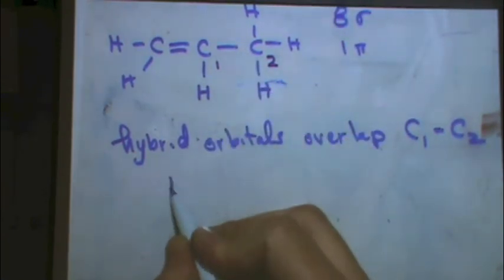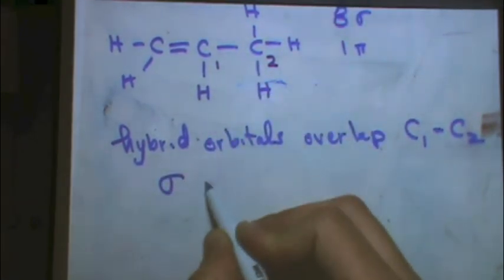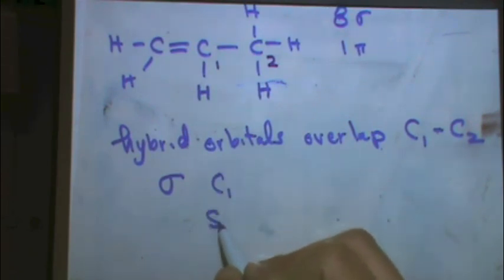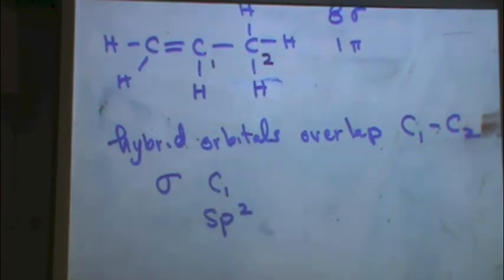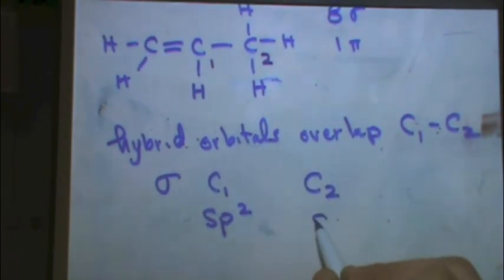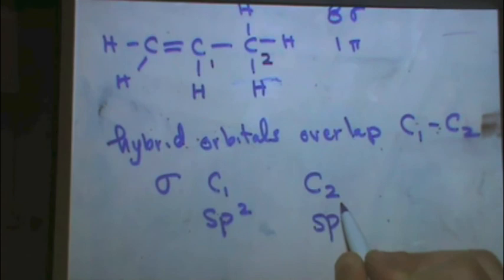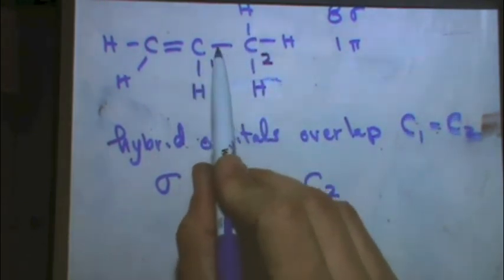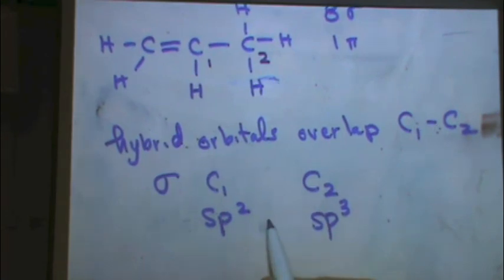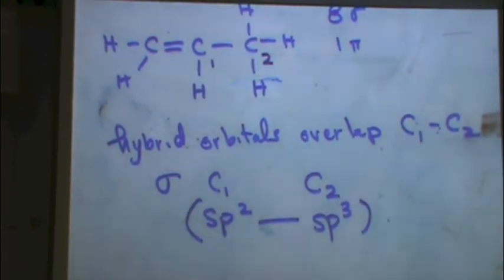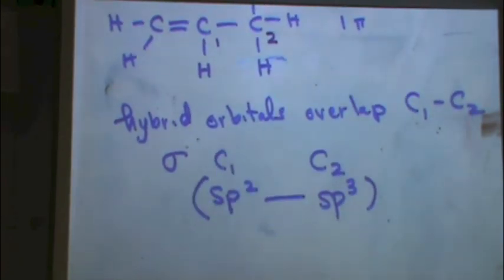That's a sigma. Carbon 1 has what hybridization? sp2, because it has 3 groups, and carbon 2 has what hybridization? sp3, it has 4 groups. 1, 2, 3, 4. This one has 1, 2, 3 groups. So the hybrid orbitals that overlap are the sp2 and sp3 to make that single bond.